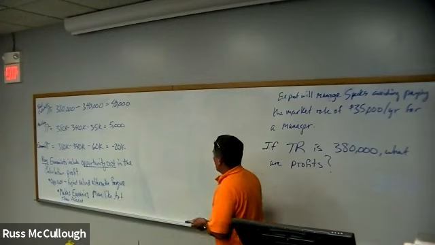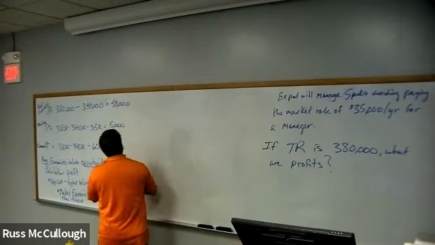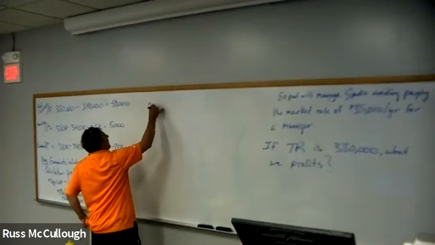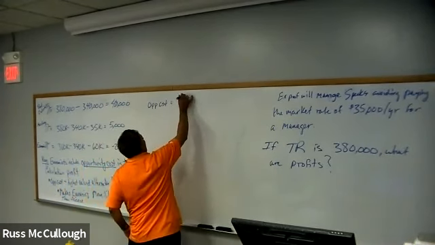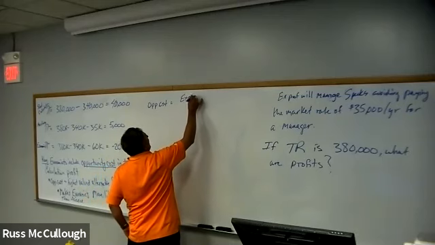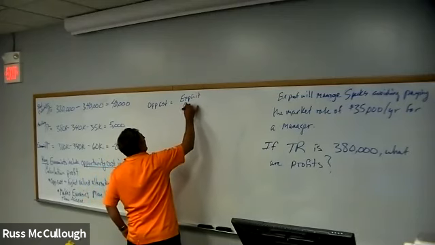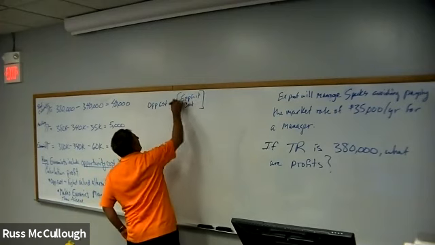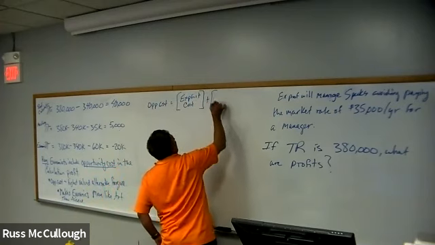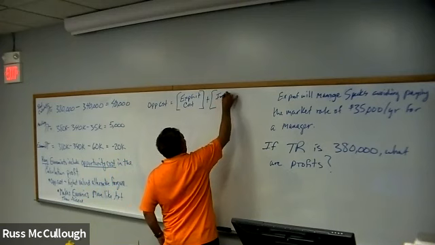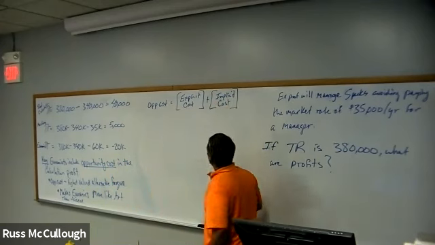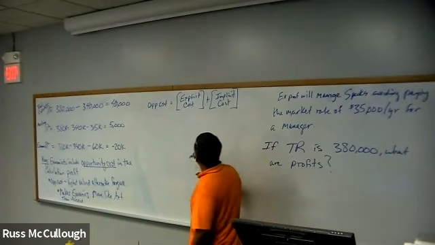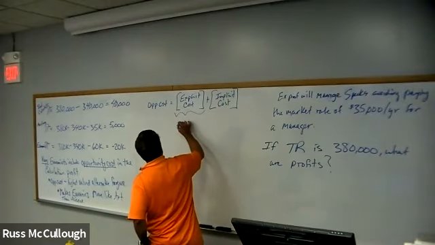So part of our opportunity cost, total opportunity cost, includes explicit and implicit. The explicit costs are the accounting costs, right?